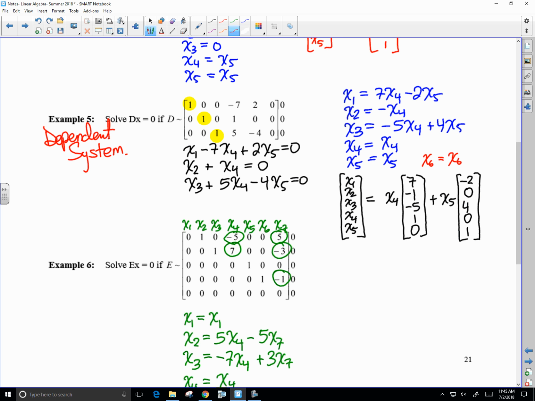Okay, so then all zeros except for the last one, which would be a 1.